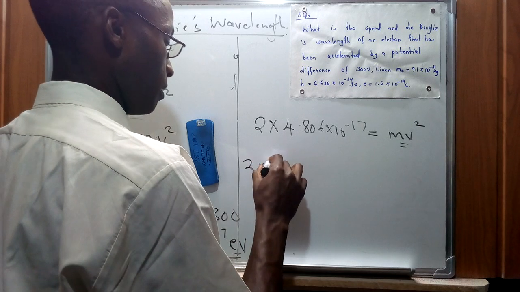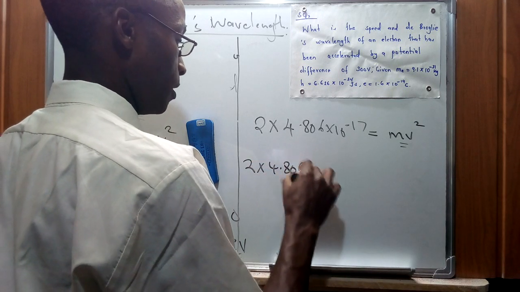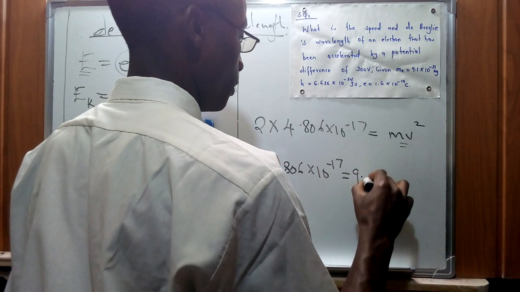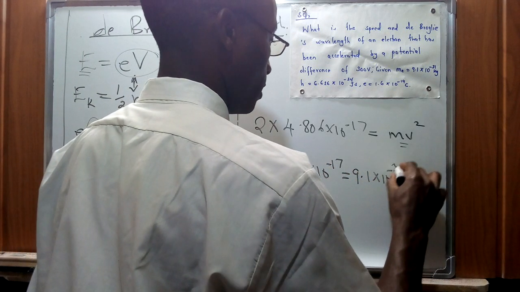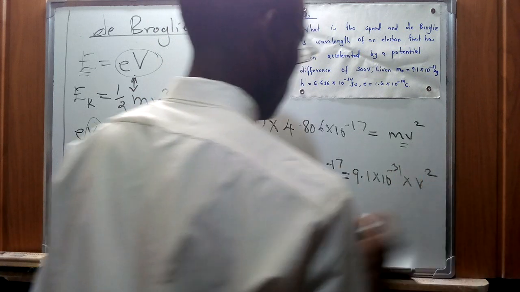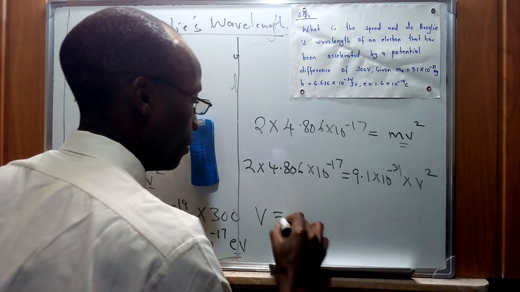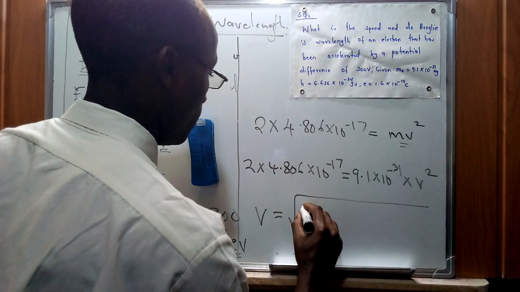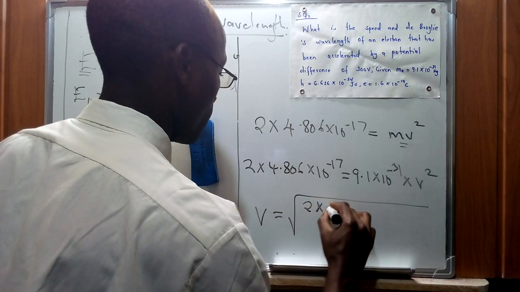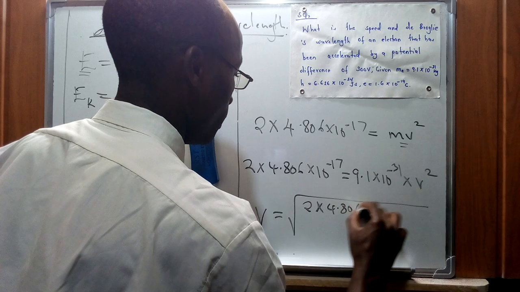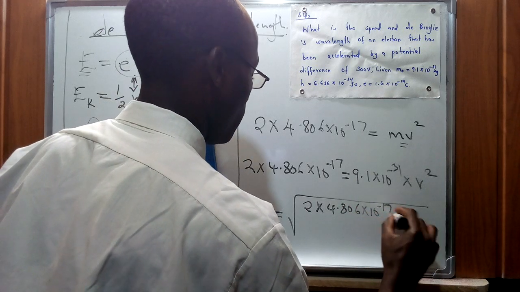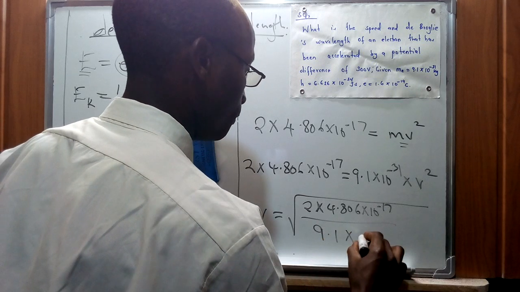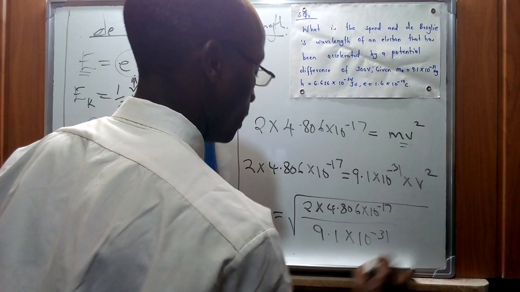So 2 times 4.806 times 10 negative 17 equals 9.1 times 10 negative 31 times v squared. Therefore v equals the root of 2 times 4.806 times 10 negative 17, divided by 9.1 times 10 negative 31.